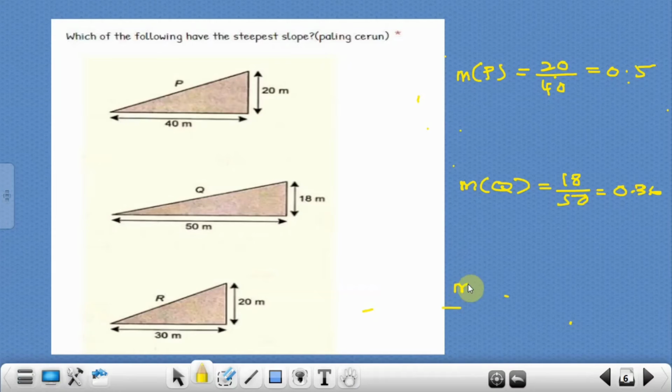And the last one, the gradient of R is equal to 20 divided by 30. You will get 0.67. If we compare the values, the third, which is R, has the steepest slope. So the answer is R.